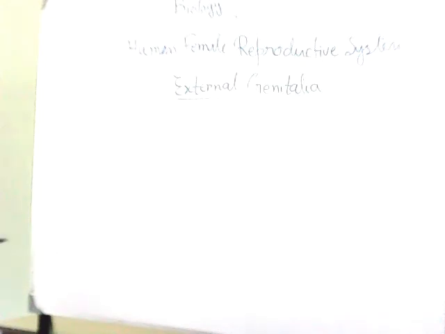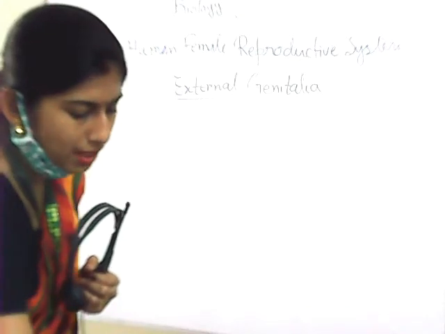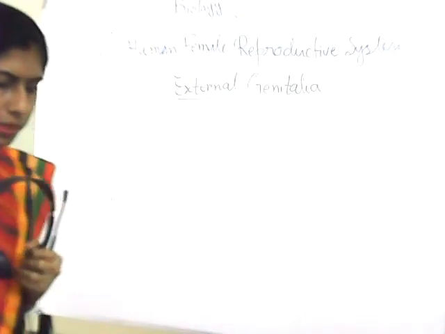Now, what are the different parts of the female external genitalia? Mons pubis, labia majora, labia minora, hymen and clitoris.